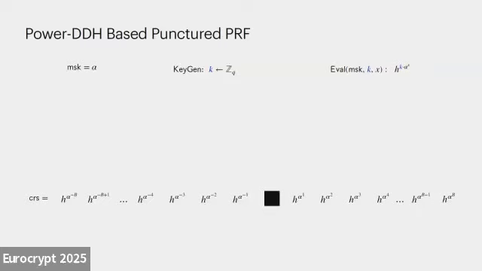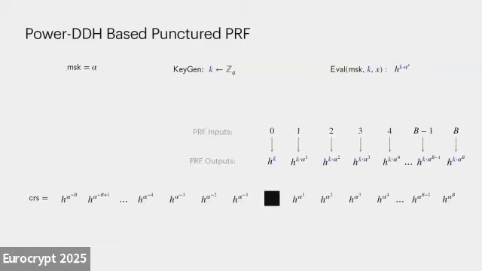And to evaluate, we compute h to the k times alpha to the x, right? And the evaluator's PRF key consists of the random k itself as well as the master secret key, so this is easy to evaluate. So let me just write down how the inputs and outputs look. Essentially, we map, for example, 2 to h to the k times alpha squared, right?